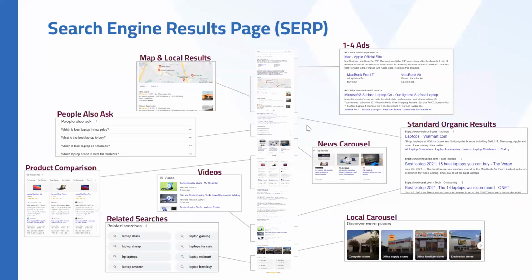So this is a standard search engine results page, or as you might hear it called by SEO folks, the SERPs. That's all it stands for. It's very busy. This is a kind of a standard informational search results page, and it contains lots of search modules that you're pretty familiar with already. There are ads on the page, links to local places with maps, the people also ask section, carousels of news, video, pictures, products, etc. It's a really busy search results page.